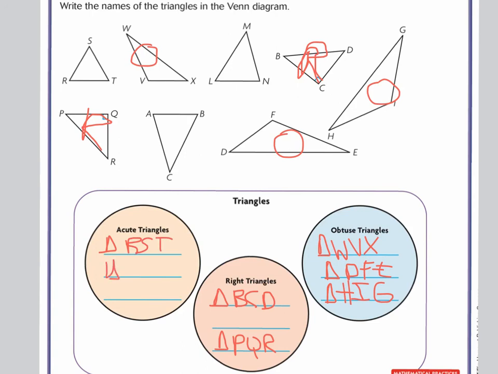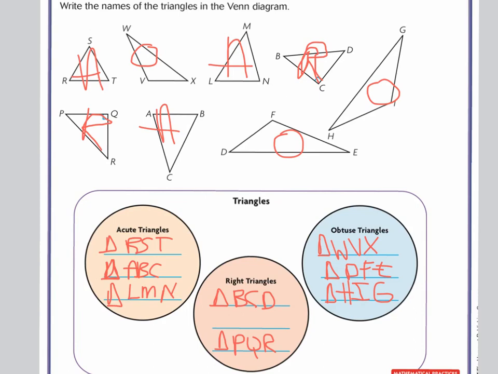I have triangle ABC. And then lastly, triangle LMN. These would all be acute, acute, acute.